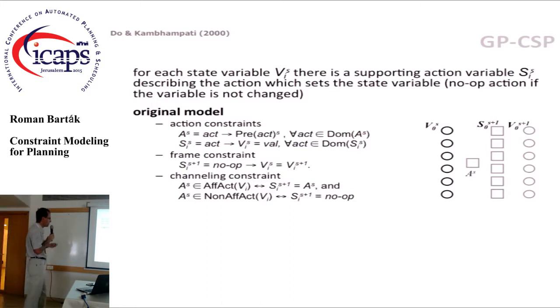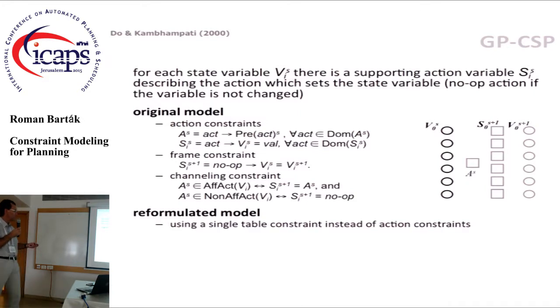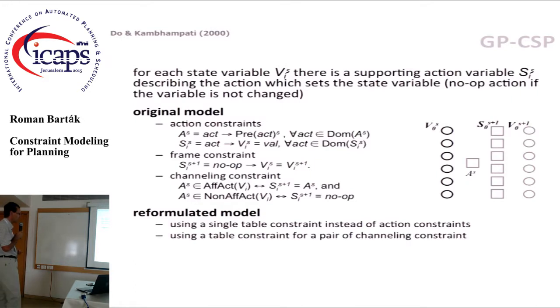Okay, so that was the original model using the logical constraints, and we proposed the reformulation using table constraints again. So what we did is we model these constraints using tables. Rather than implication, we really put all pairs of compatible values in a table, right? And we also use the table constraint for the channeling constraint.